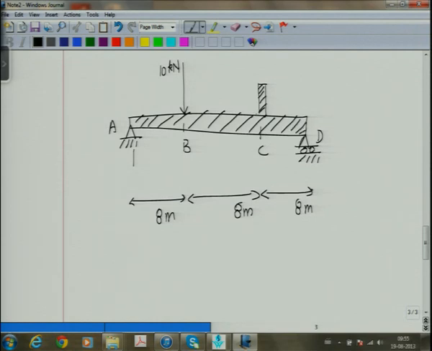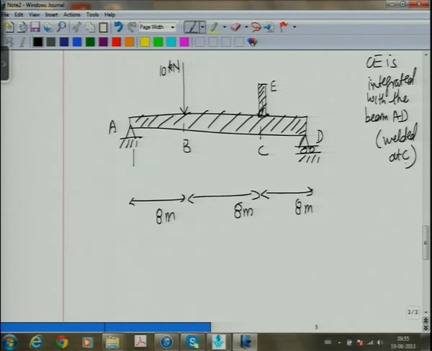So CE is the same part of the structure ABCD. CE is welded, there is no pin joint, it is the same beam together. So CE is integrated with the beam AD. I will just say it is welded at C.